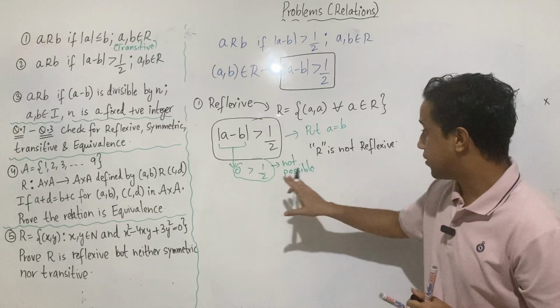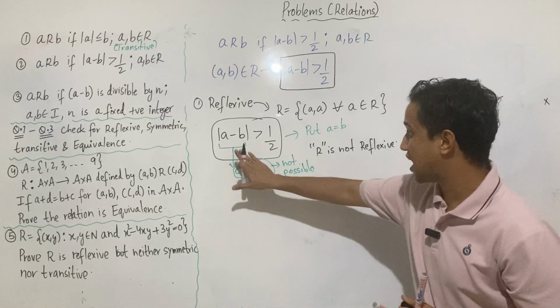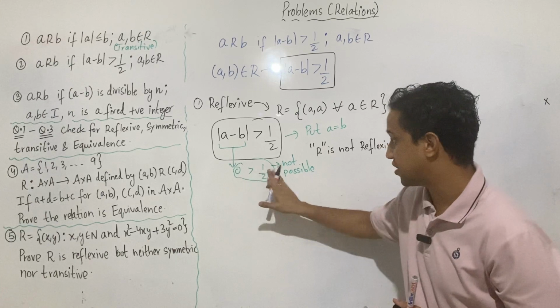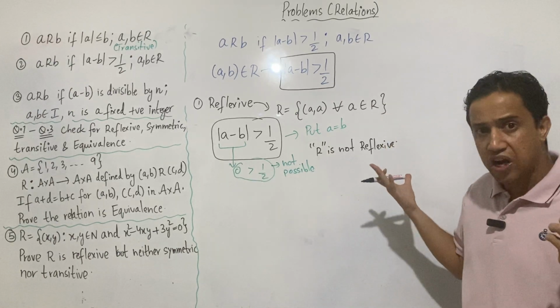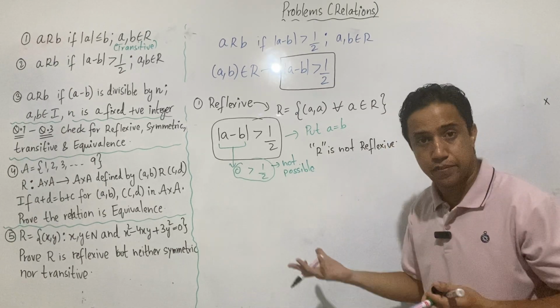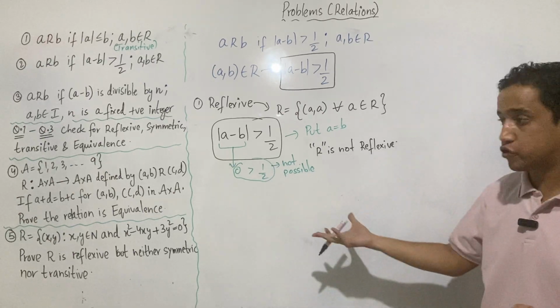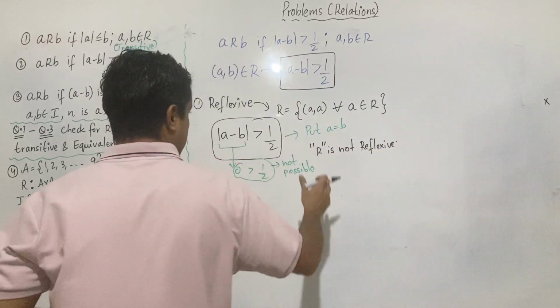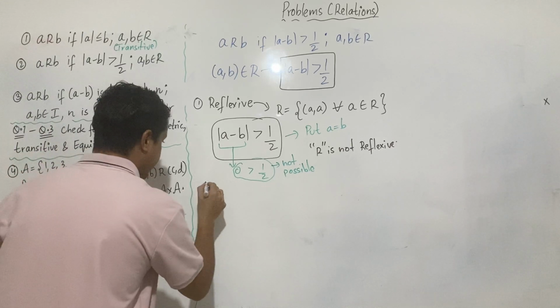What I got here is that 0 is greater than 1 by 2, which is mathematically wrong. Therefore it is not reflexive.